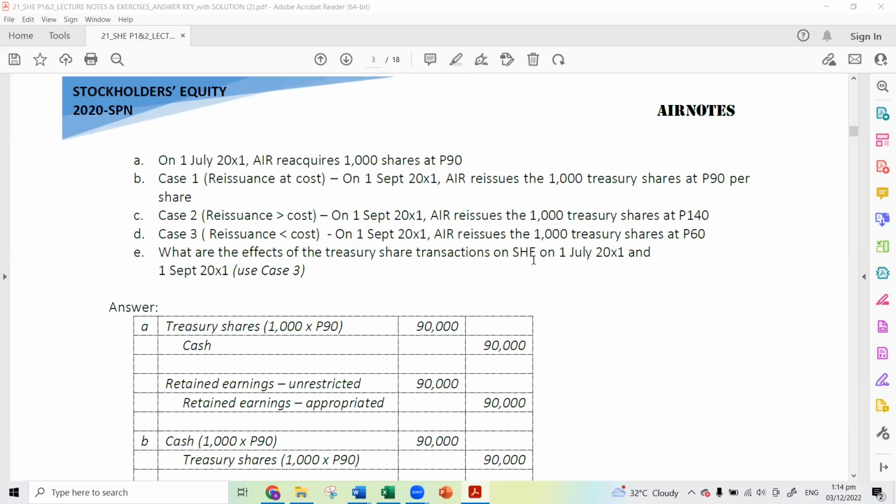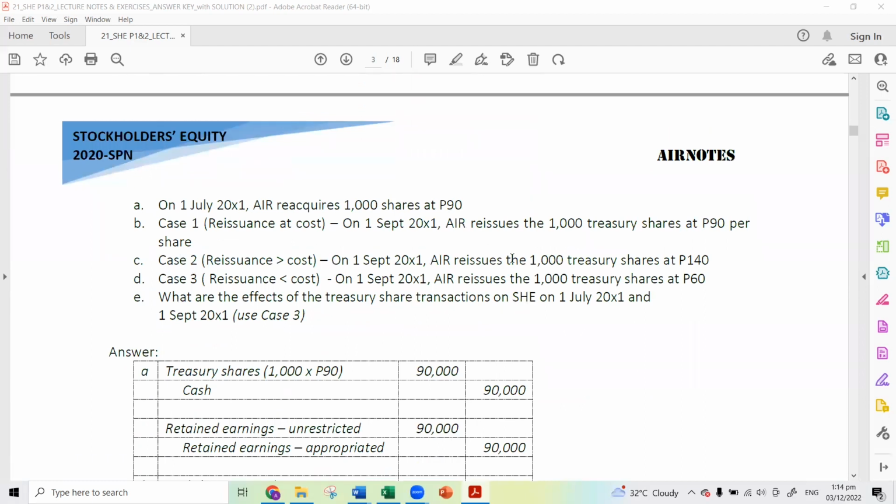Okay? So, ang treasury shares transactions, merong iba't ibang scenarios to be considered, no? Let's go here. Siguro isa-isahin natin. The treasury shares are accounted using the cost method, no? So under this method, the reacquisition and subsequent reissuance of the treasury shares are recorded at cost.